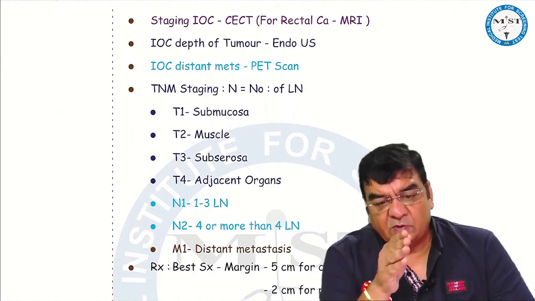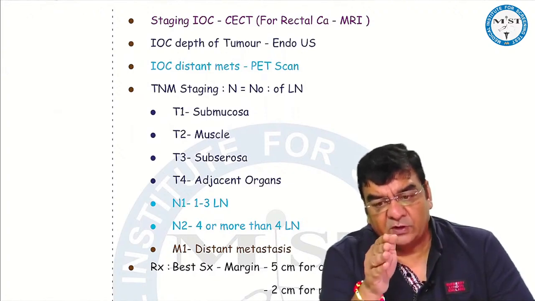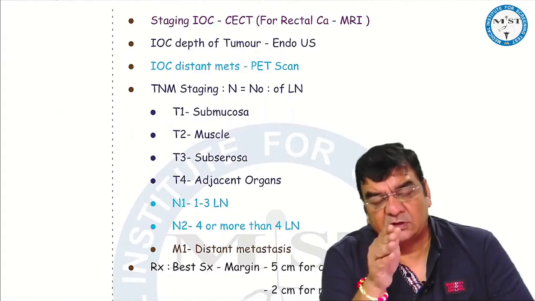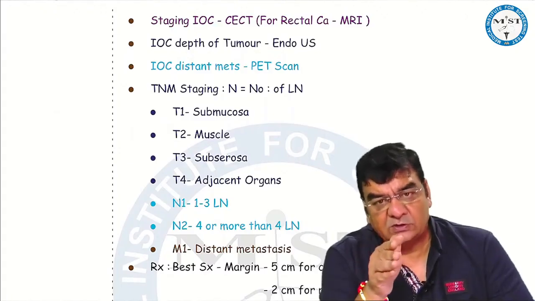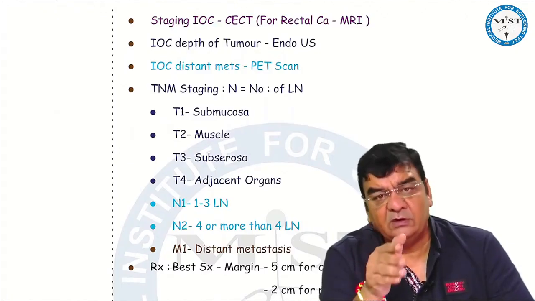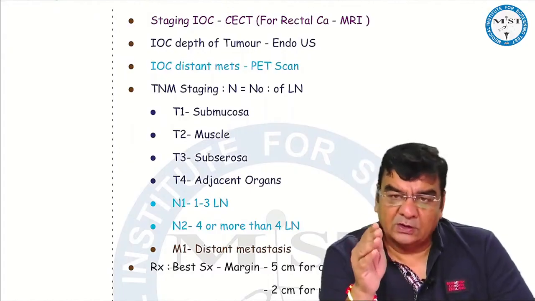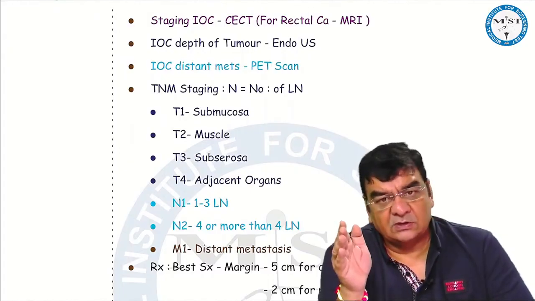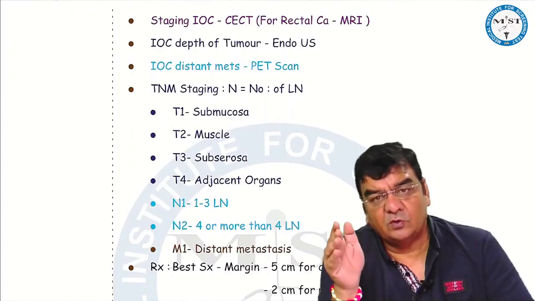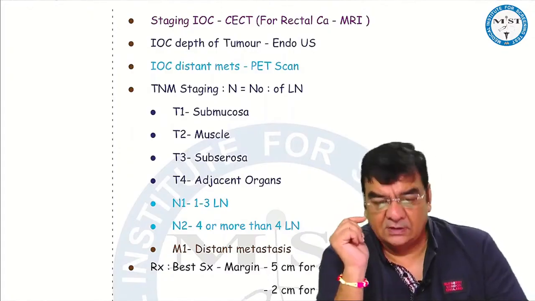Stomach cancer: submucosa, muscle, subserosa, perforate the serosa, adjacent organs; 1 to 2, 3 to 6, 7 to 15, more than 15, metastasis. Colon cancer: submucosa, muscle, subserosa, adjacent organs; 1 to 3, 4 or more than 4, metastasis.